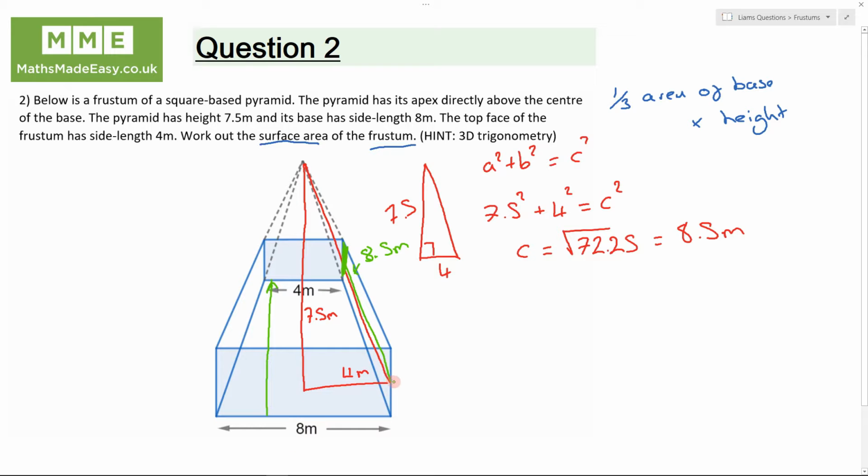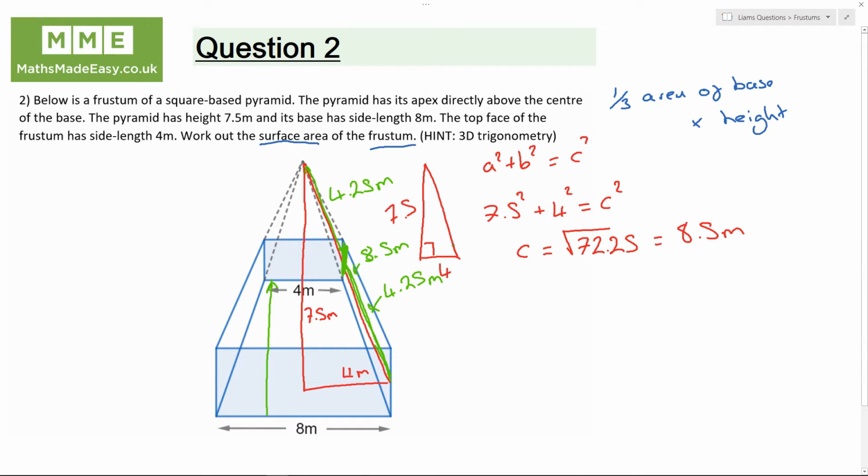So if the larger shape has a side length of 8.5 meters, then the smaller shape on top will have a side length of 4.25 meters, which means that this length here will also be 4.25 meters.